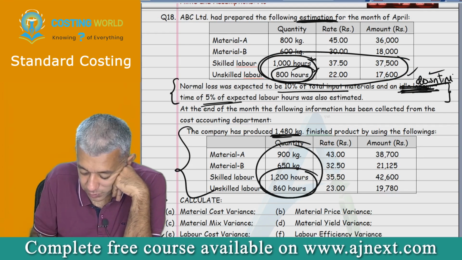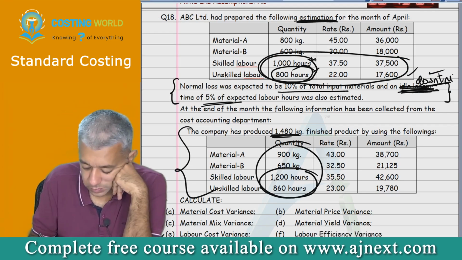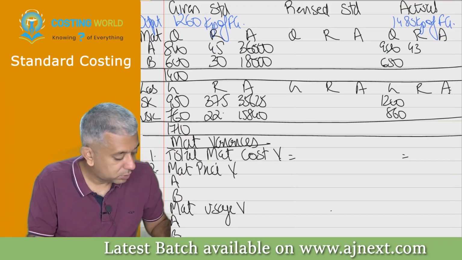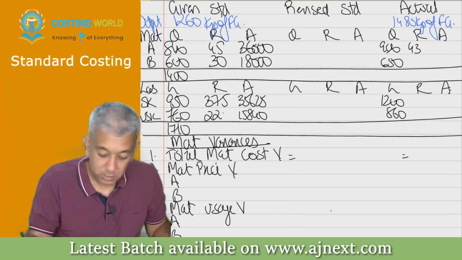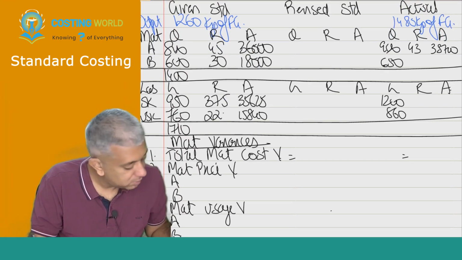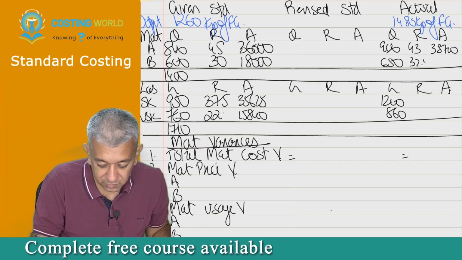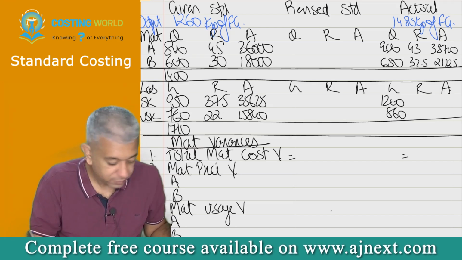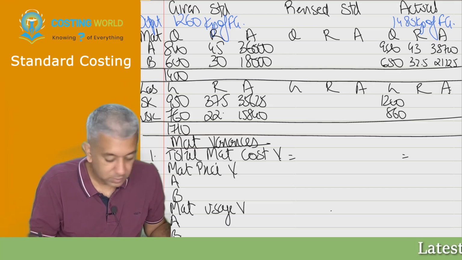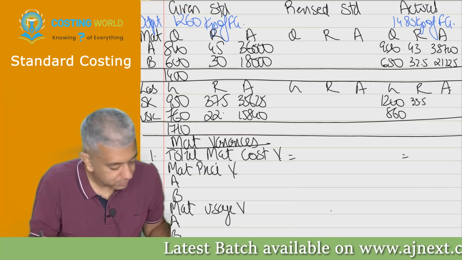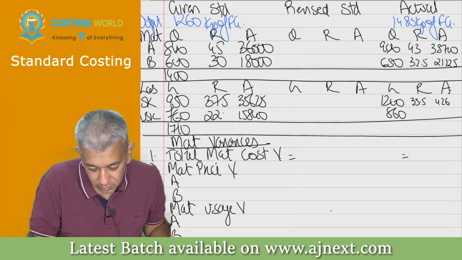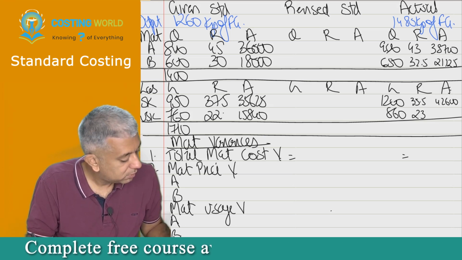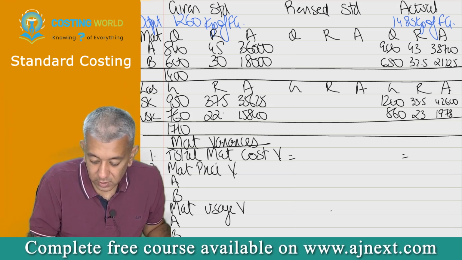This is the end of the problem here. 43. 38,700, 32.5, 21.25, 35.5, 42,600, 23, 19,780.